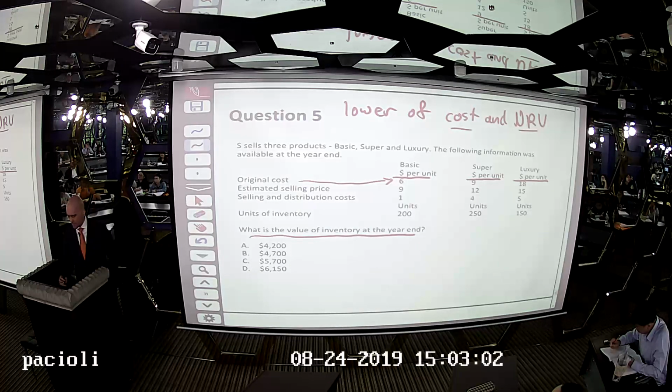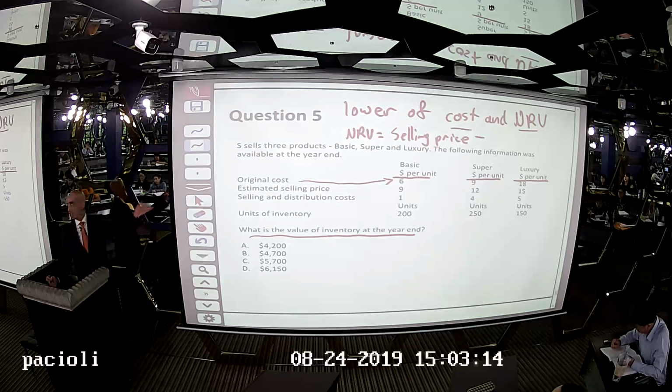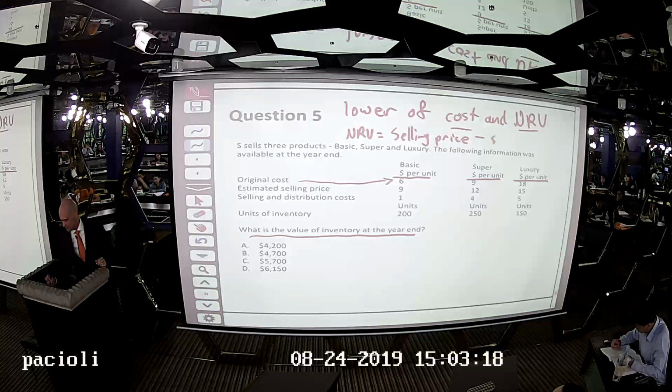So remember, net realizable value is equal to the selling price minus cost to complete. There is no cost of completion. Minus selling cost.